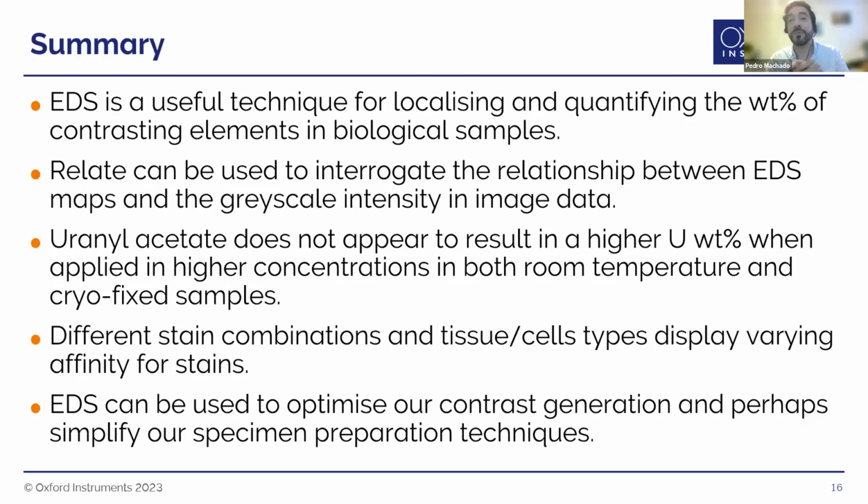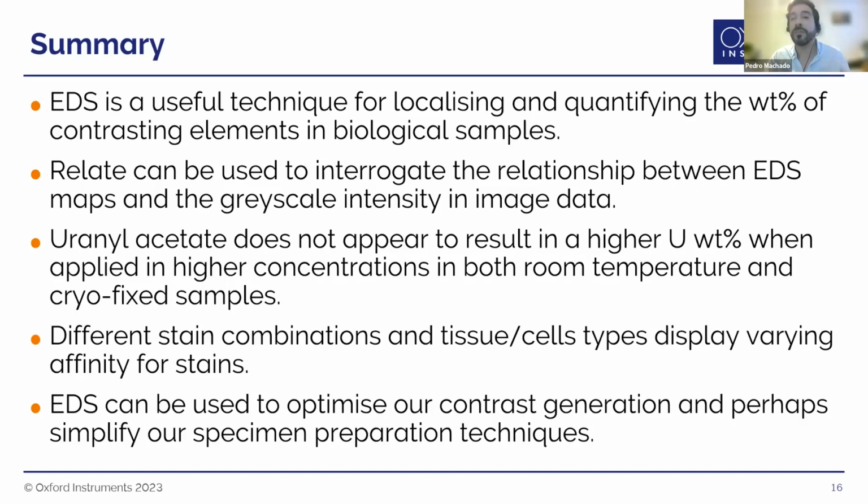So more than ever, if we want a more controlled way to preserve our specimens, and lots of people want to do AI segmentation, which makes consistent prep of your samples more and more important, you might want to use EDS during the optimization steps so that you have the most control over your specimen prep.